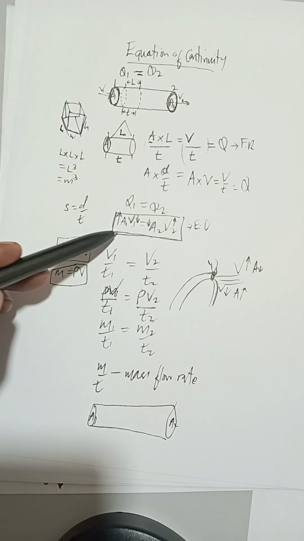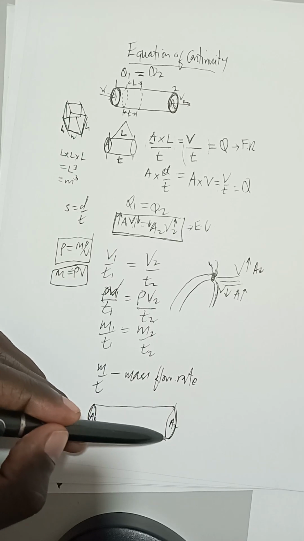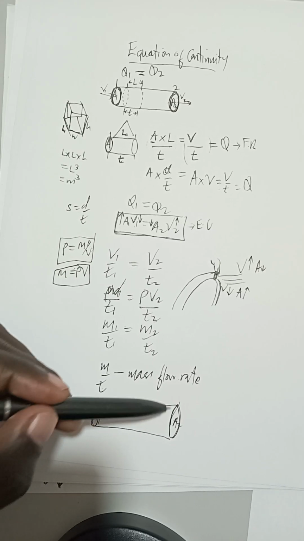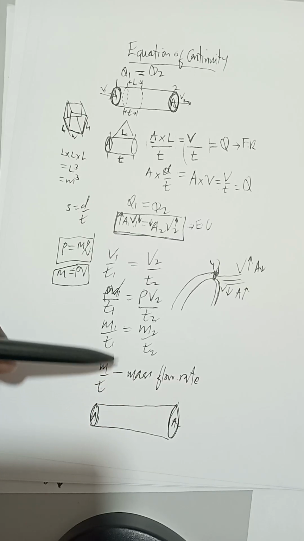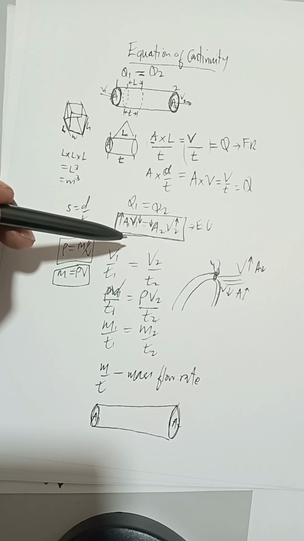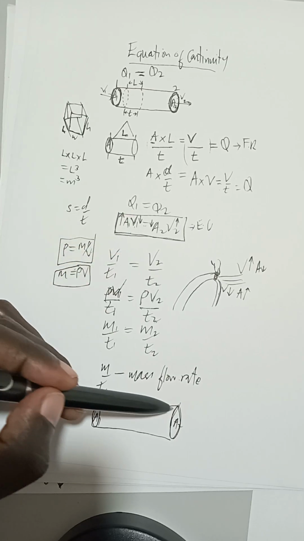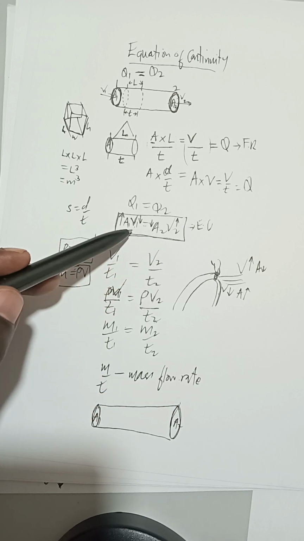Now this equation regardless of the area, whether smaller or bigger, is still valid, because it depends on area and velocity.